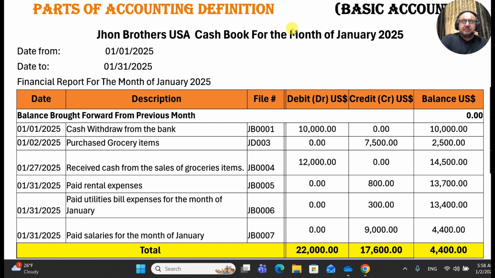This is a sample of a small cash book which I have prepared for your better understanding.